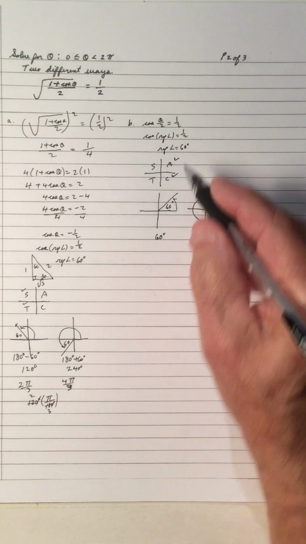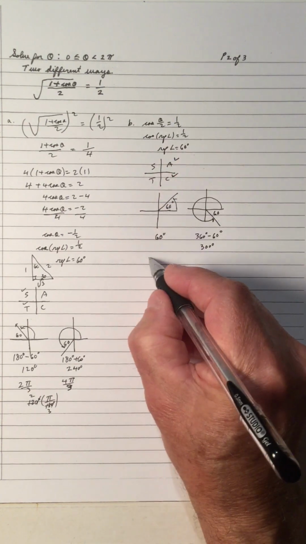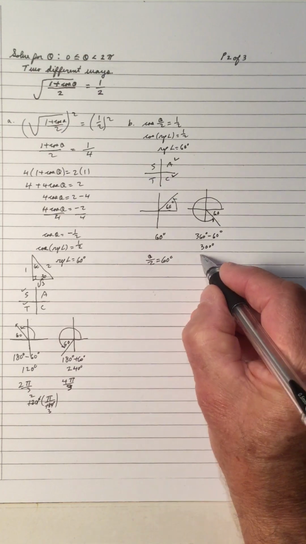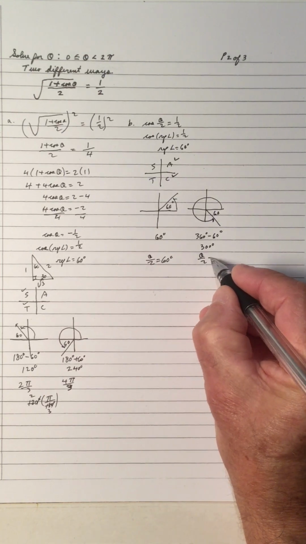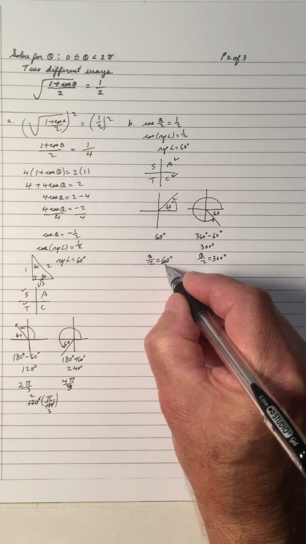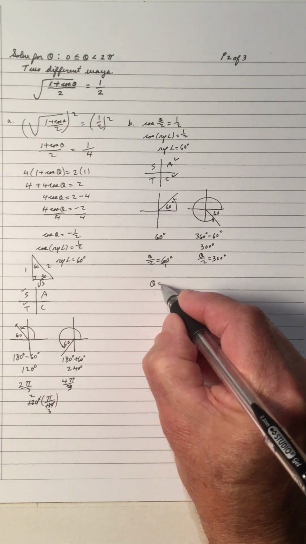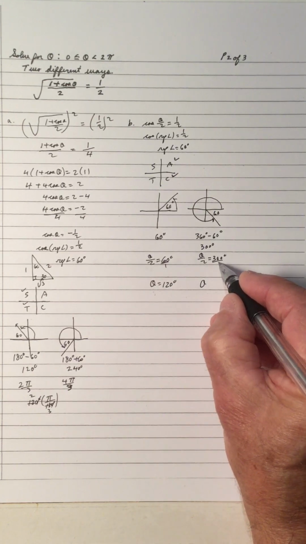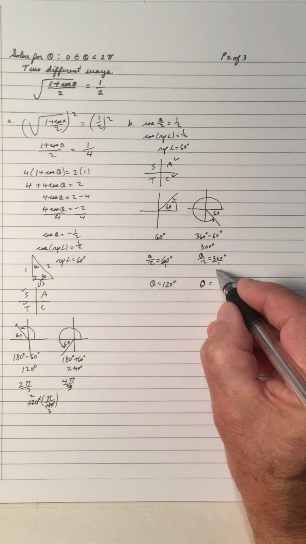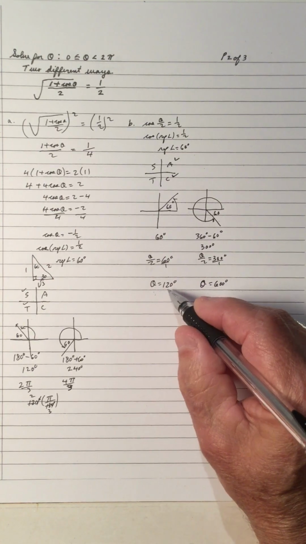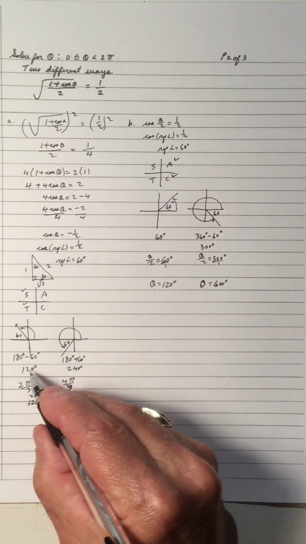So now what we have is theta over 2. So that means theta over 2 equals 60, and theta over 2 equals 300. So we cross multiply. We get theta equals 2 times 60 is 120, and theta is 2 times 300, which is 600. So 120 is okay, which is right here.